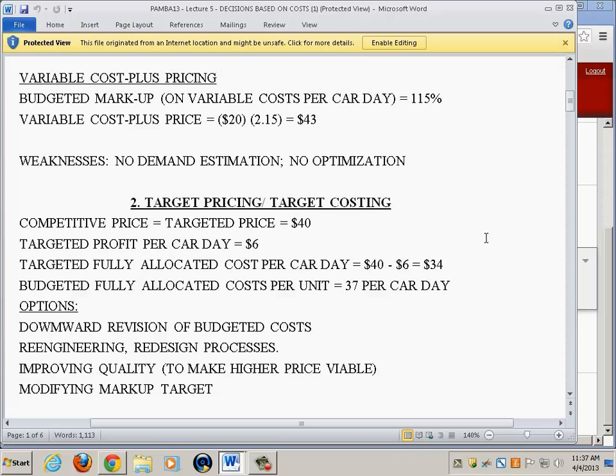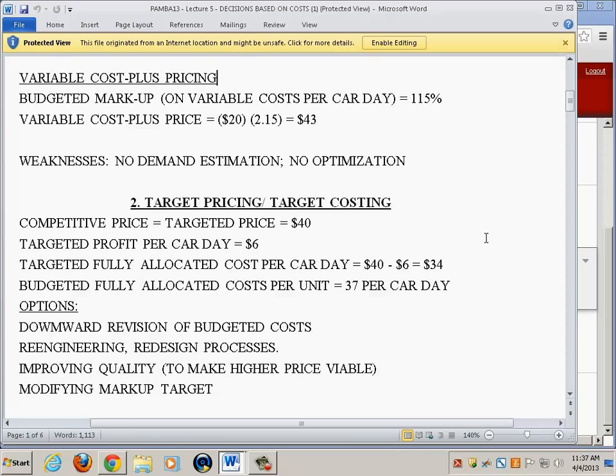Problem is that the 34 target is below what we estimate our fully allocated cost to be. So there's a discrepancy. The target is below the kind of cost that we expect to incur. So what are our options at this point?